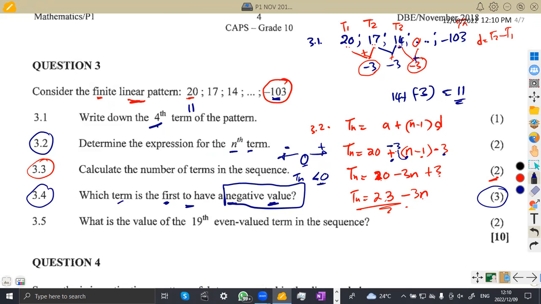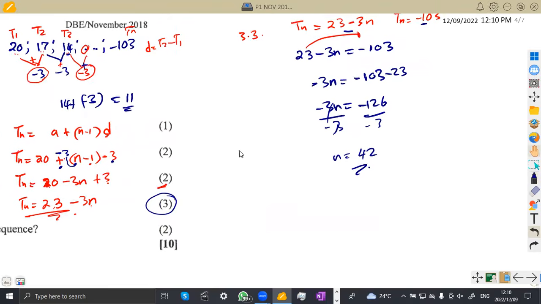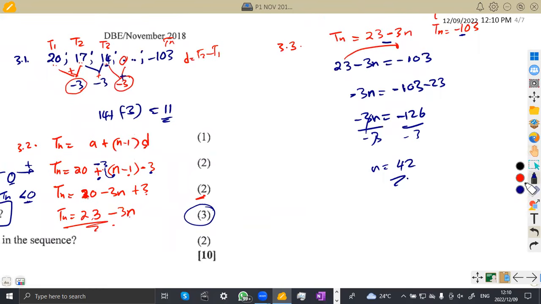Okay, so having this is going to be a great advantage. Let me write it here so that we can see the advantage now. Since Tn is supposed to be less than 0, we can take the Tn that we originally had, which is 23 minus 3n.